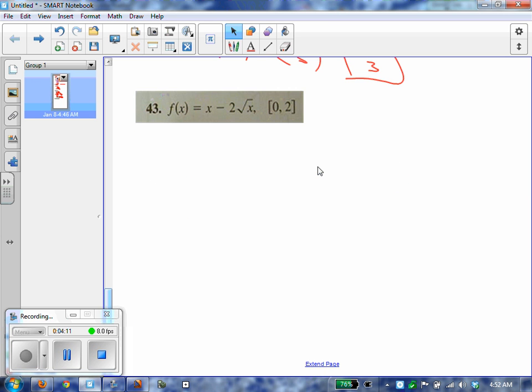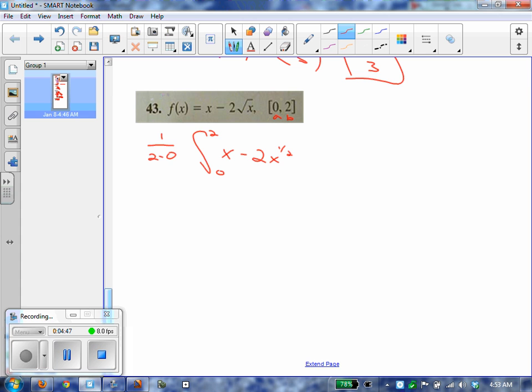Okay, and this one says find the value c guaranteed by the mean value theorem for integrals for the function. All right, so this is the mean value theorem one, so this is basically doing the same thing, except we'll have that little extra part out in front, the 1 over b minus a in front of my integral.